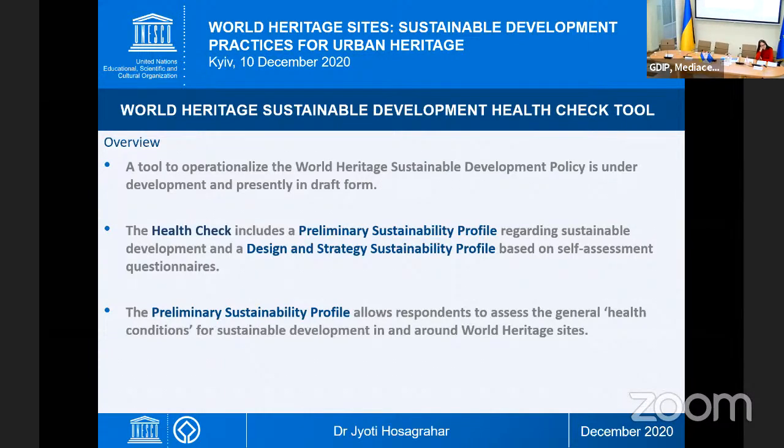The preliminary sustainability profile allows respondents to assess the general health conditions for sustainable development in and around World Heritage sites. This tool is suitable for assessing the conditions for sustainable development and conservation at all stages of application, nomination, and heritage site conservation. It is intended to be used by officials in national structures, organizations of interest to heritage conservation, non-governmental and civil society organization officers, World Heritage National Focal Points, and site managers.